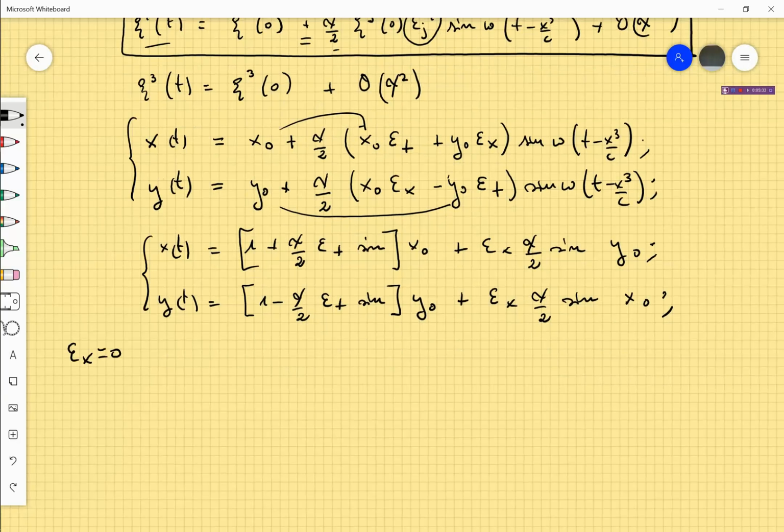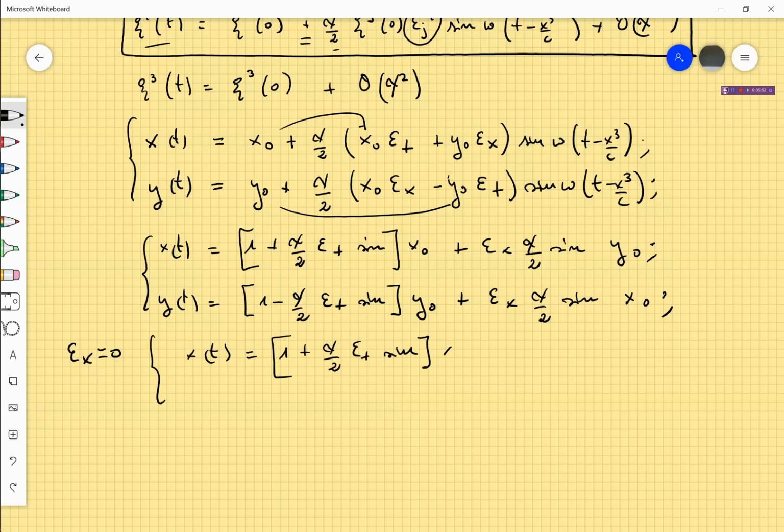And epsilon x is 0, this corresponds to the polarization mode plus. Okay, so in this case you only have this term, because the second term vanishes, so x of t equals 1 plus chi over 2 epsilon plus sine, x0, and y of t equals 1 minus chi over 2 epsilon plus sine, y0.